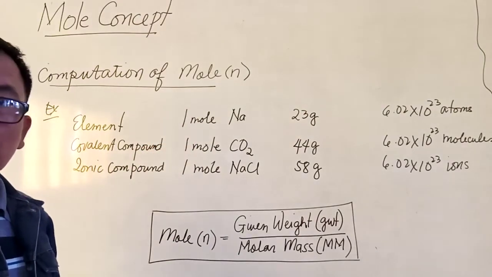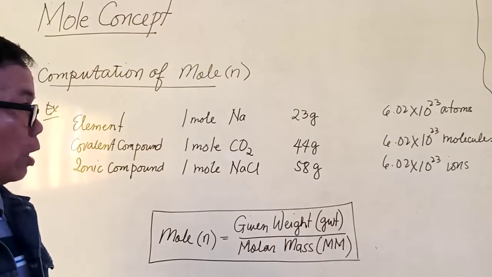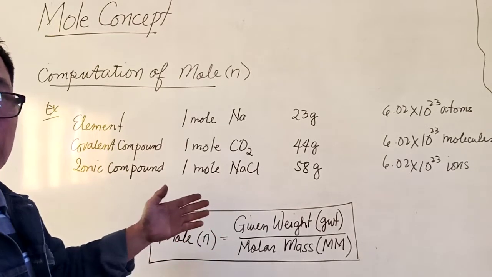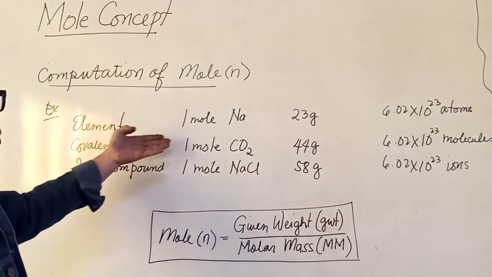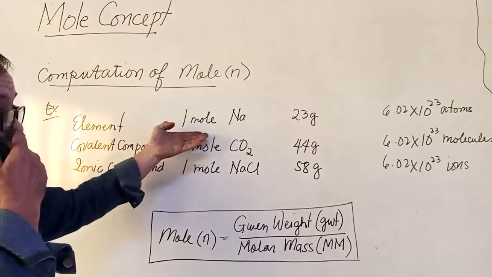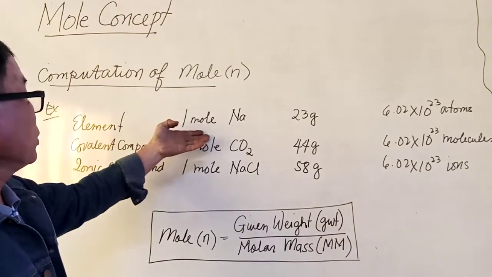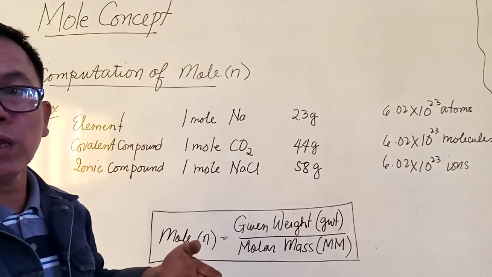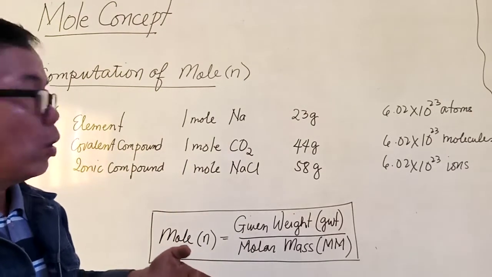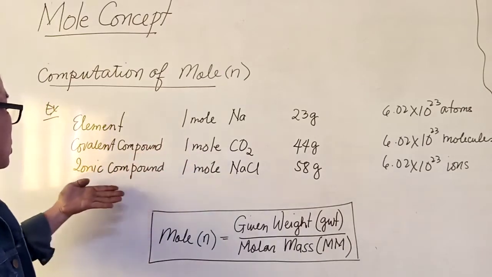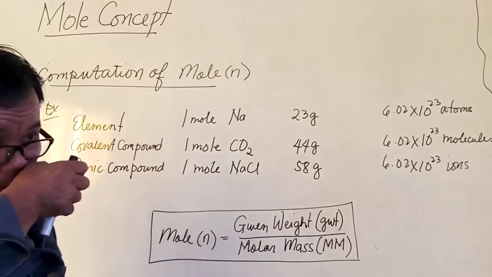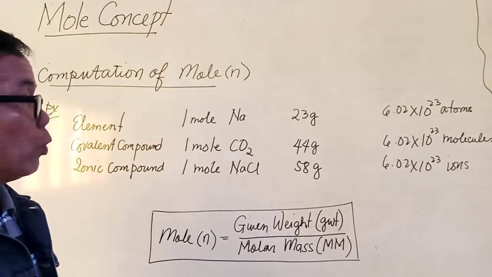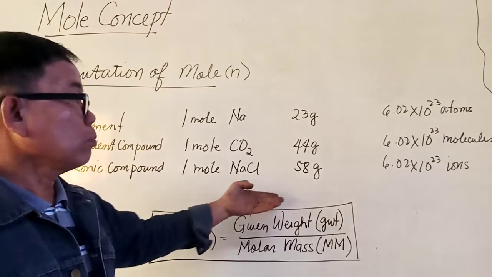Last time we discussed molar mass, and we understood that the molar mass of an element is the same as its atomic weight. The molar mass of a covalent compound is the same as its molecular weight or molecular mass. The same is true with ionic compounds. The molar mass of ionic compounds is the same as its formula mass.